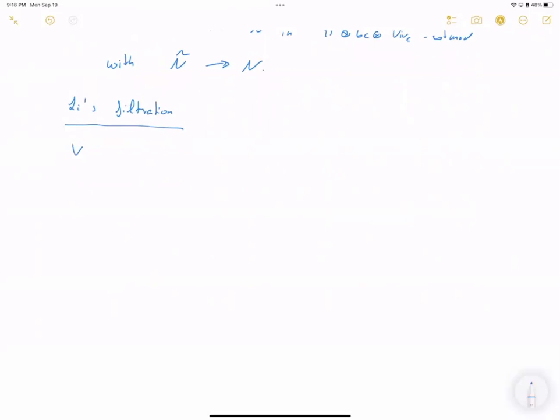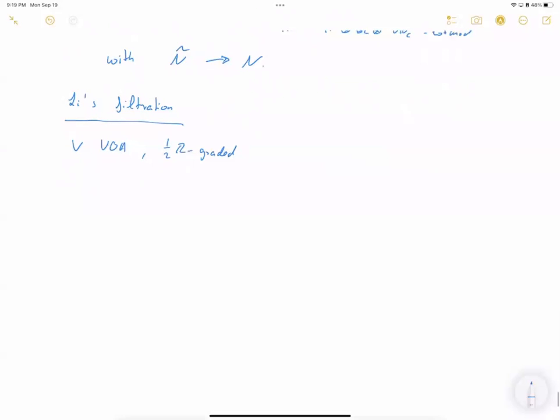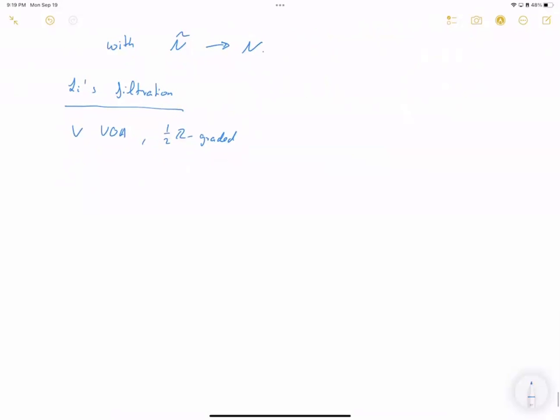So Li filtration. So we have a VOA. We don't want it to be integer graded. Half integer graded is good enough. So Li only formulated it for integer graded, but you can go over it. That's not important. And we want this VOA to be finitely strongly generated.